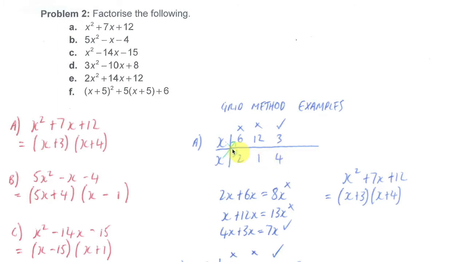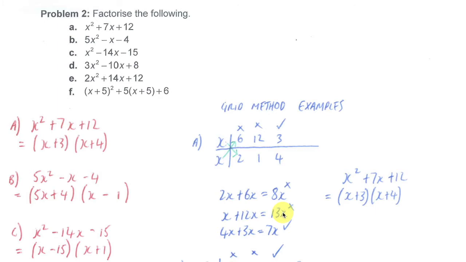Next, what I do is cross-multiplying each of these sets to see which one produces a 7x. The one that does produce 7x is the right combination. So, cross-multiplying, x times 2 is 2x, x times 6 is 6x, that equals 8x. 8x is not equal to 7x, so that's no good. So I'll put a little cross there. Next one along. X times 1 is x. X times 12 is 12x.